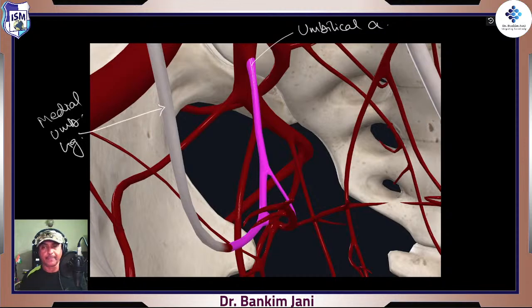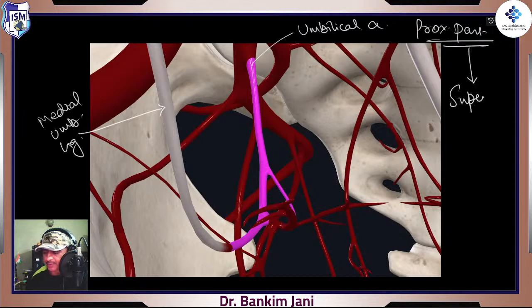This one, that is the medial umbilical ligament. This proximal part which persists would be leading to the superior vesical artery.